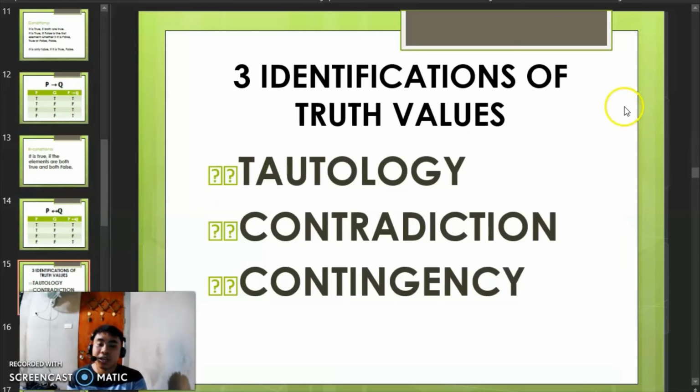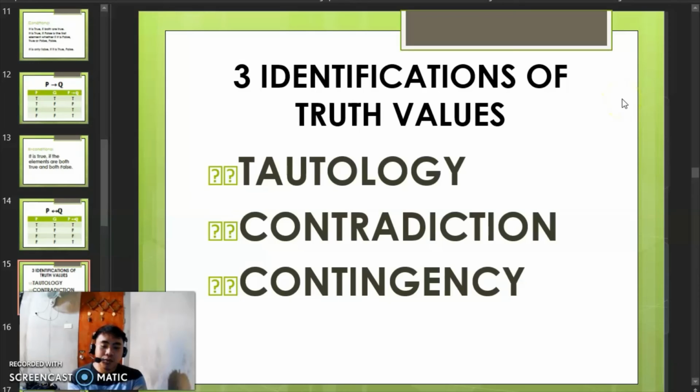The three identification of truth values. So, kapag kayo nag-solve, you will just identify whether it is tautology, contradiction, or contingency. So, sa exam, kapag kayo po ay nag-identify ng tatlong ito, you will solve it first before you can identify the truth values.